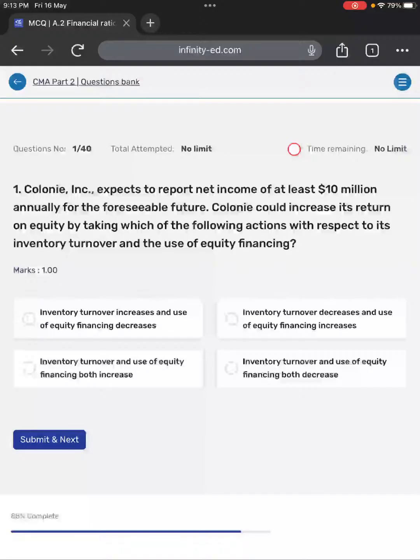We will especially focus on ratio analysis, and if there are some concepts, we will also discuss them. Our main focus is for exam purposes only, and the exam is coming very near, around 15 to 20 days away. Some candidates may already be taking the exam, as it started in May and June, and it runs for 2 months depending on the candidate's exam schedule.